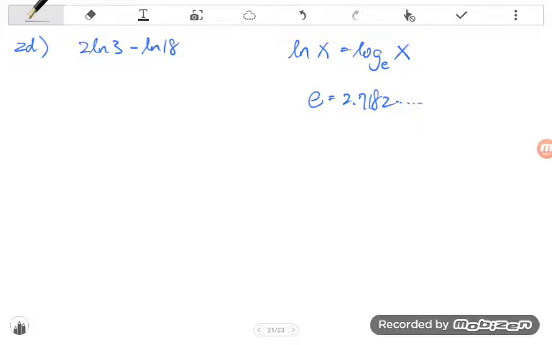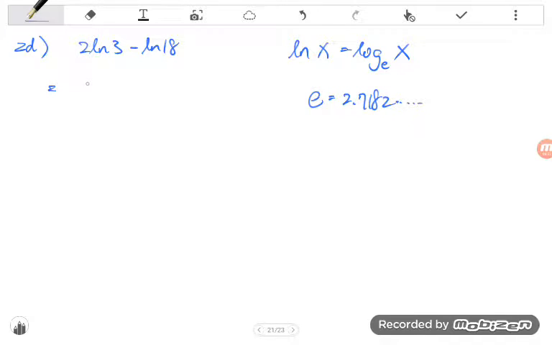Now for this one, how can I express this as one single log? Which means my answer is going to look something like that. Let's think about it. We have a 2 here and a subtraction, which means I can use something over something. But I have this 2 in the front, so I need to deal with that.